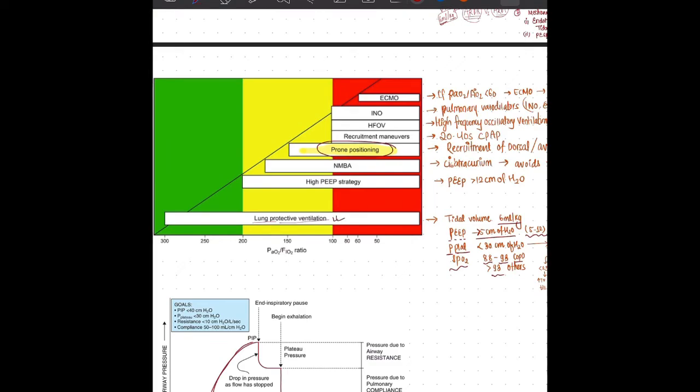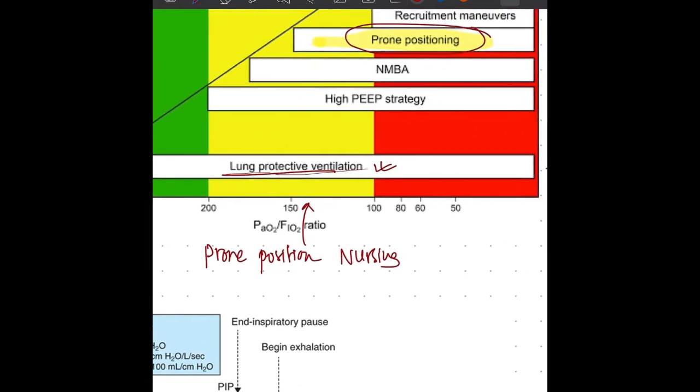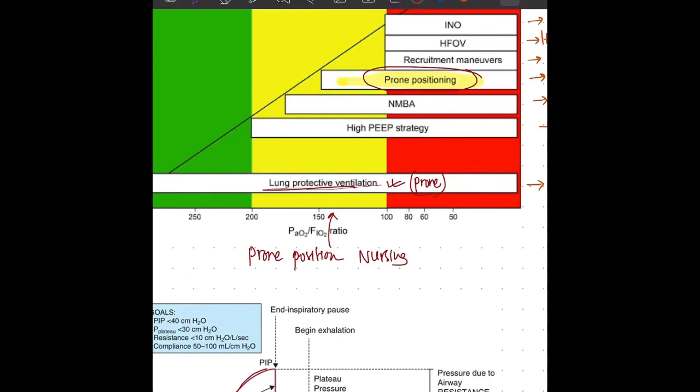Even before starting lung ventilation, you would use prone position, right? This is called prone position nursing. So you will use prone position nursing, and then you will do mechanical ventilation, and then this ventilation is also done in prone position. So in other ARDS, prone position is done only if PaO2 by FiO2 ratio becomes less than 150. Then only prone position ventilation is done.